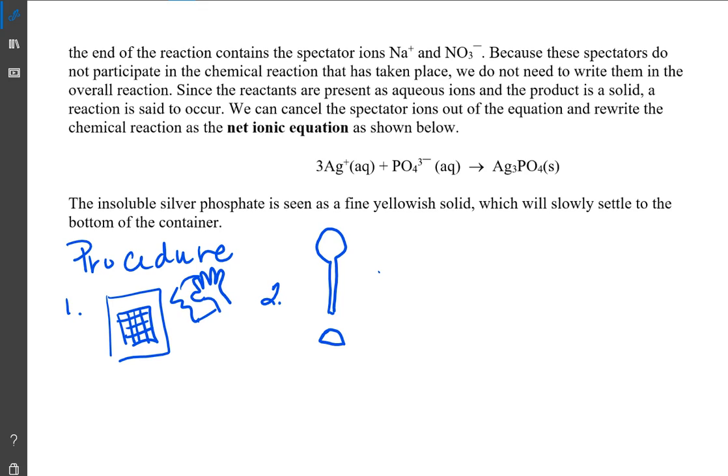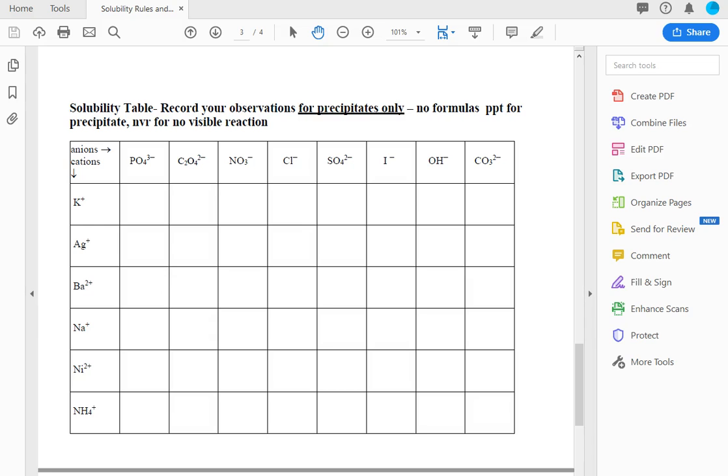So on your chart, your table is going to look something like this. So what you're going to do, hey, I didn't know that would draw on there. Cool. You're going to take your pipette and put 3 drops of phosphate all the way down.